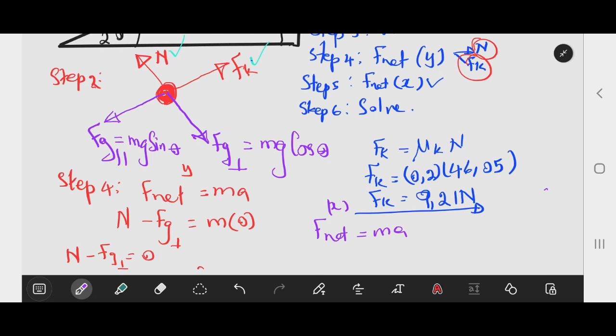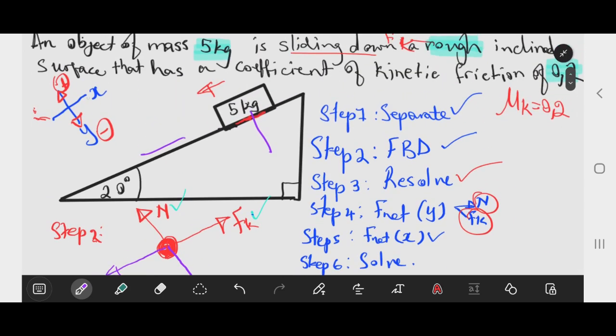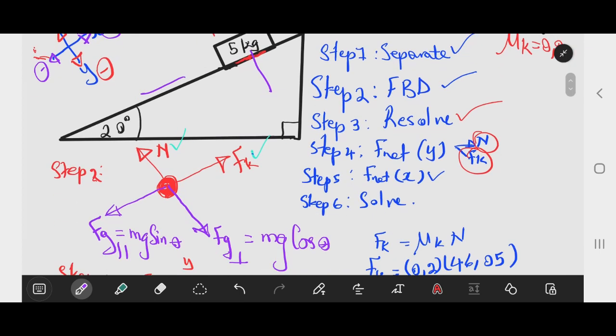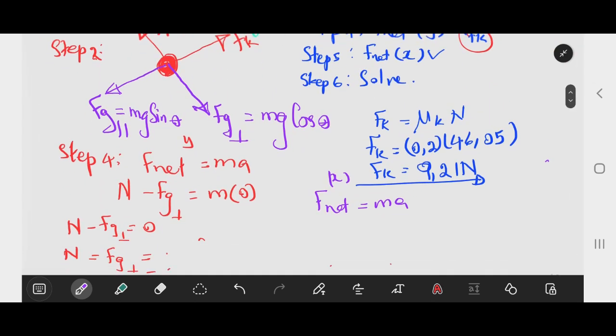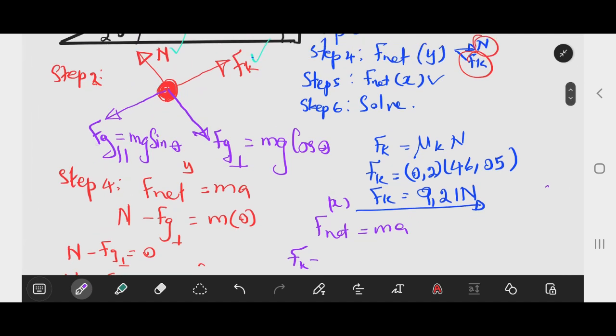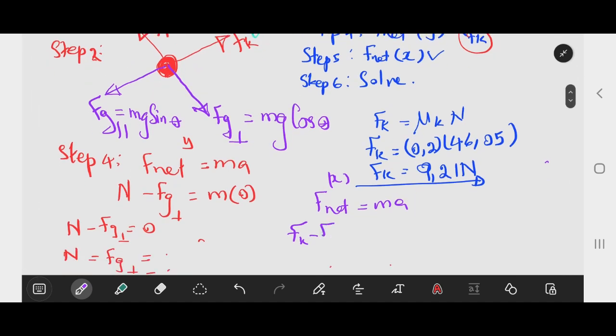We have friction, which is positive, provided that we are choosing that direction as positive and that direction as negative, right? So that would be equal to friction, which is positive, right? Because up the incline, we're saying it's positive, minus Fg parallel, which is negative since it's down the incline, right?